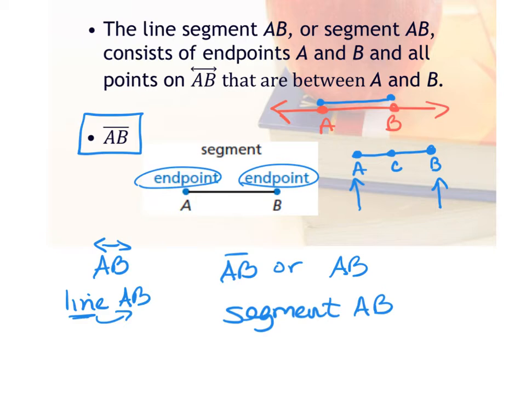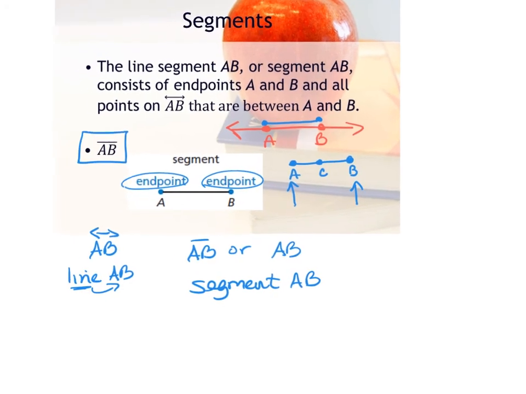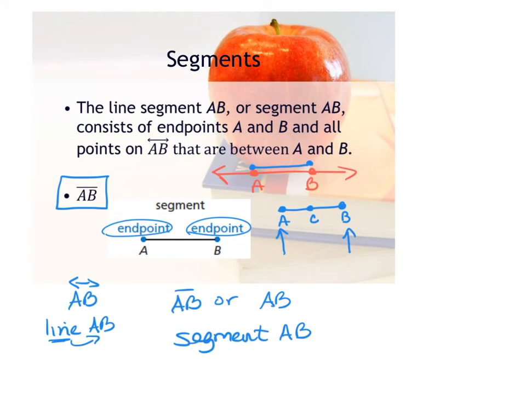Now, when we're talking about a line or a segment, the order of the letters is not important. So for example, I can go back to this line first. I can name this red line either AB, or I could also call it BA.